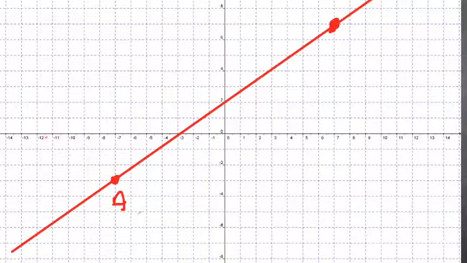So here's A and here is C. Tell me, what is the ordered pair of point A and point C?